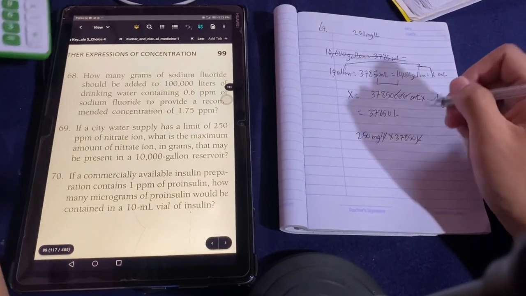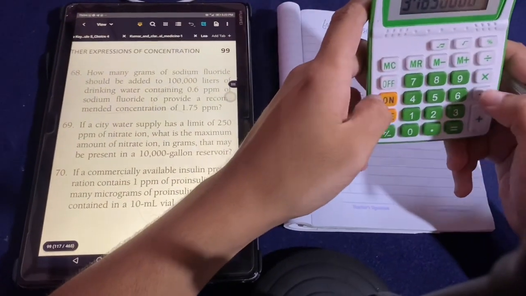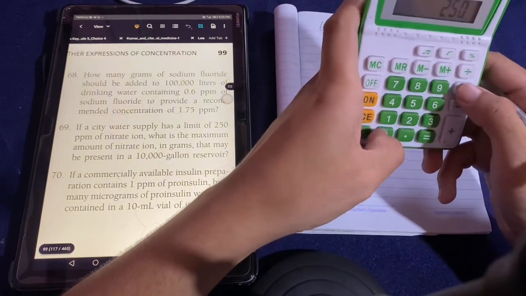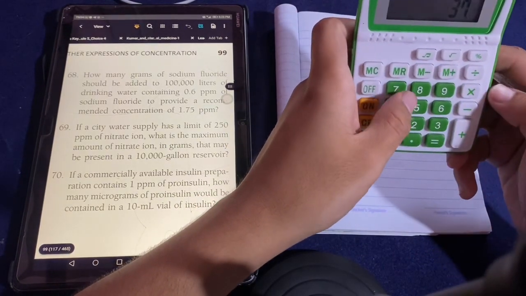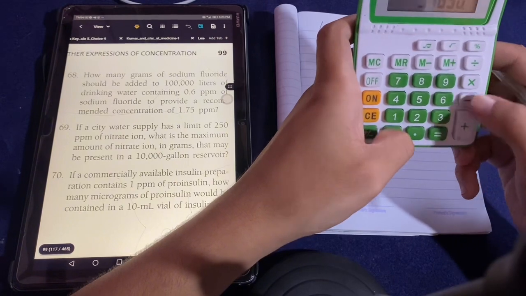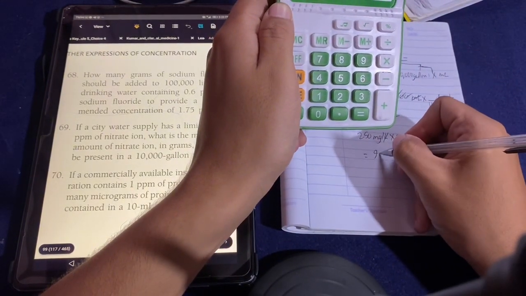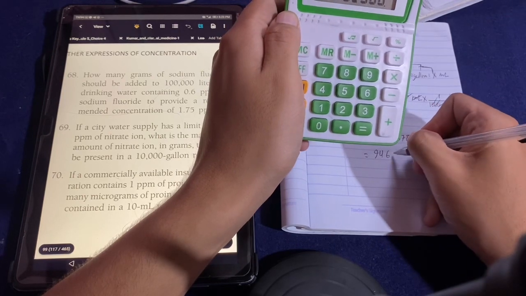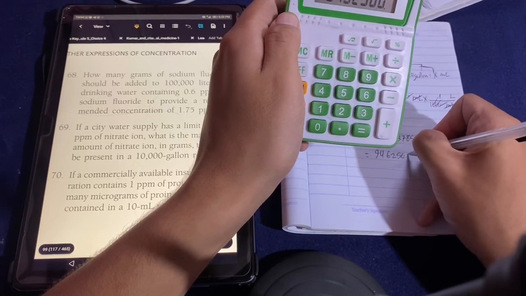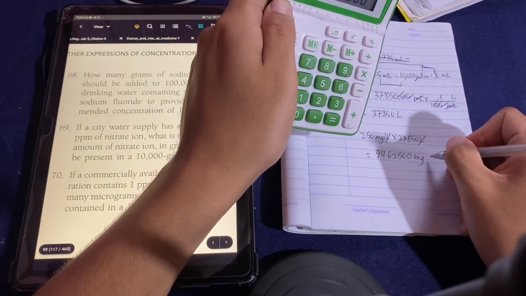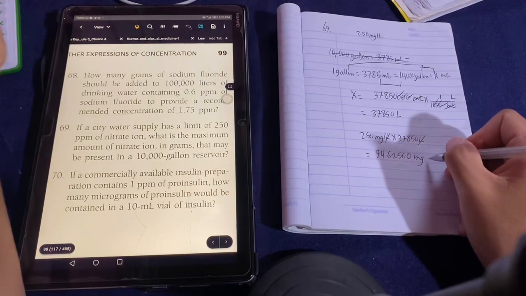Then ang tawag dito, 250 times 37,850 is equal to 946,250 milligrams. So i-convert natin ito into grams.